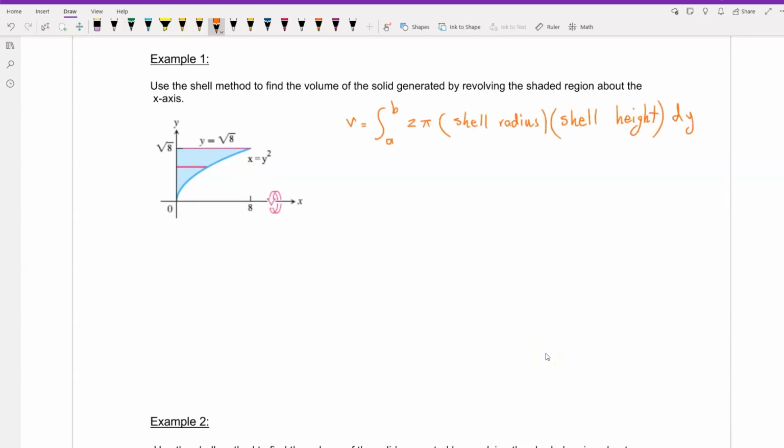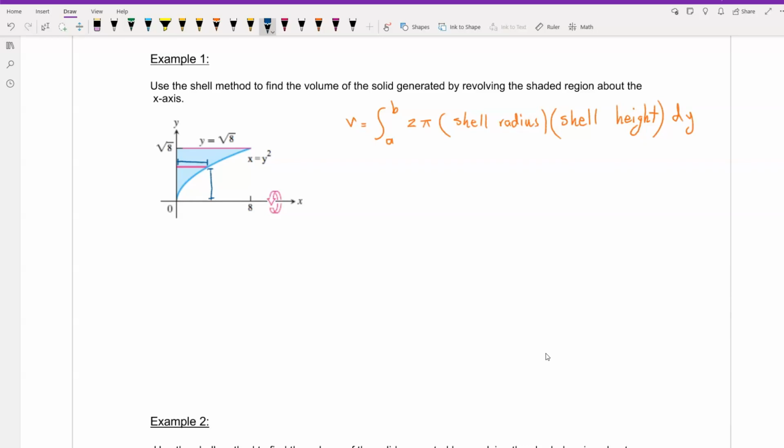Then draw a line segment across the region parallel to the axis of revolution. And so what we have here, shell radius is this part, and shell height is this one.